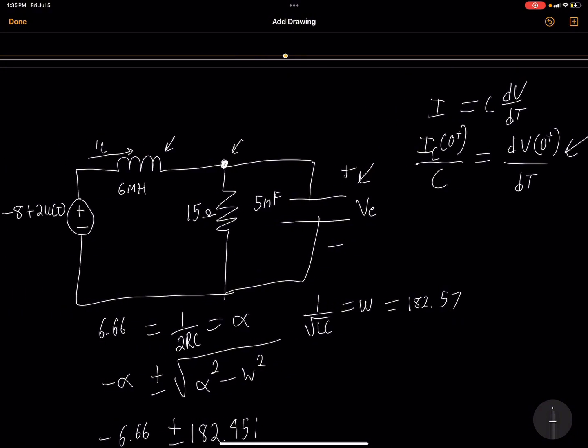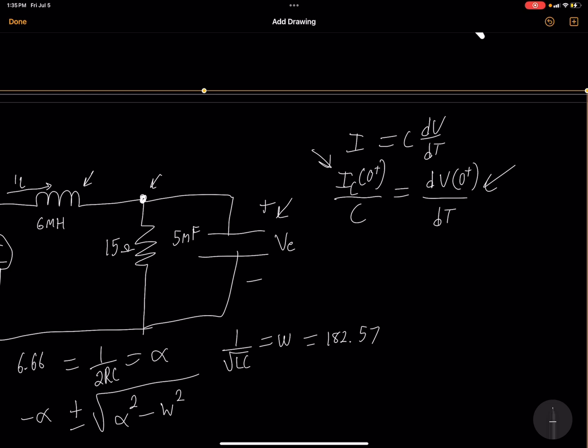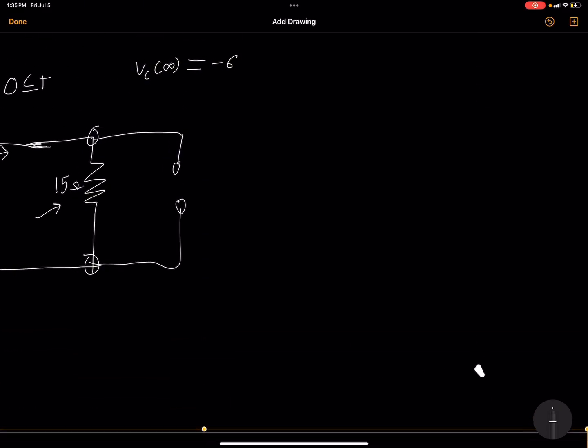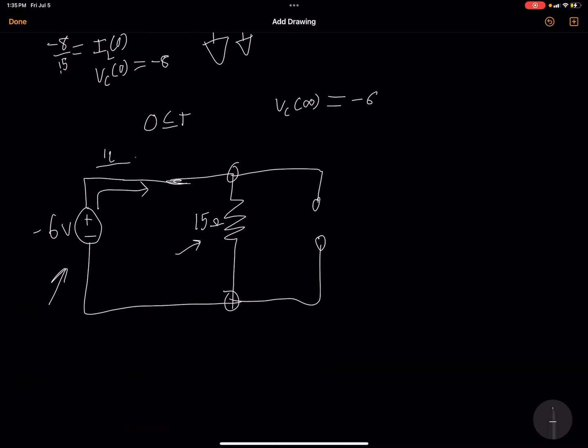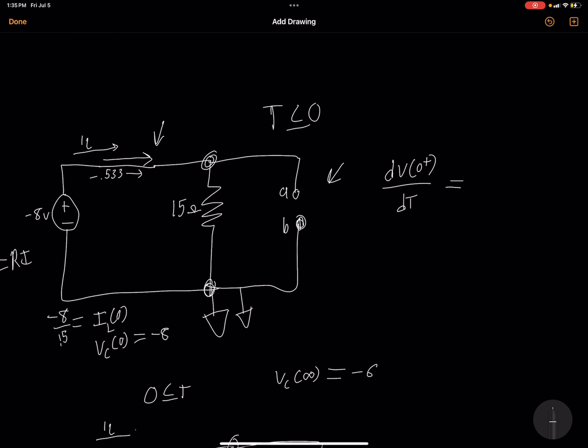So how do we do this to find our answer? Well, we need to figure out the initial current through the capacitor. And how do we do that? Well, if we go up here, we have initially -0.533. So if we figure out the current going down this way, we can figure out the current going this way.